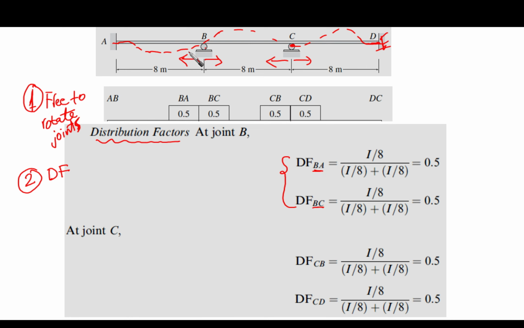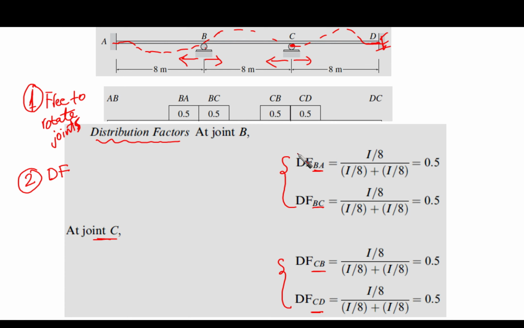BA is the left span of B, and BC is the right span of joint B. Similarly, we are going to do the same at joint C. So at joint C, we are going to have a couple of distribution factors, one to the left and another one to the right. So we have CB, which is the left span, and CD, which is the right span.